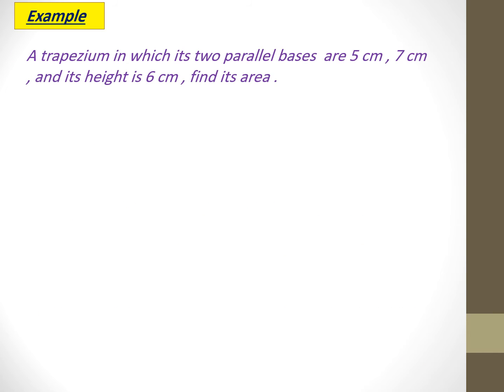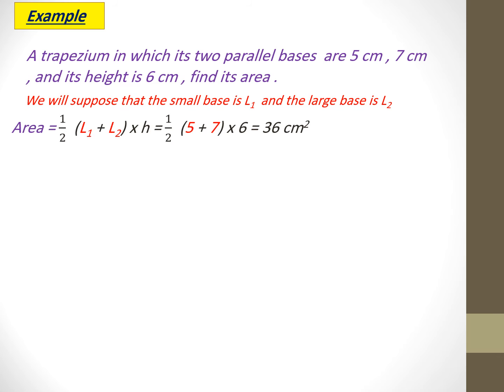An example: a trapezium in which its two parallel bases are 5 centimeters and 7 centimeters, and its height equals 6 centimeters. Find its area. Now, the givens are the two parallel bases and height. So the area will be half of the sum of two bases times height.